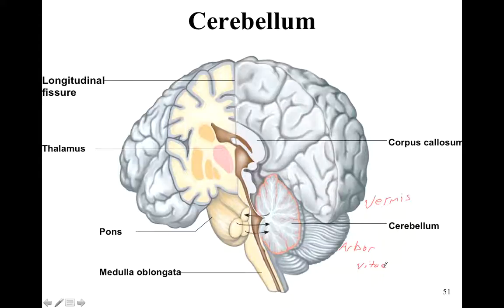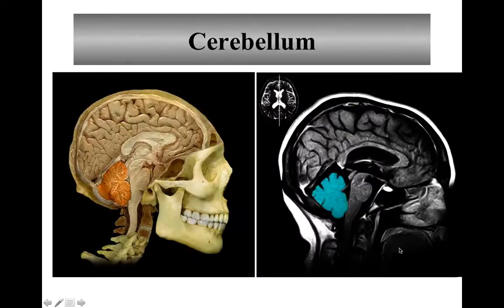Okay, and the big functions of the cerebellum are to integrate the sensory signals about where our body is, where our body parts are, where we are in space, and also helps to coordinate skeletal muscle activity. Without the cerebellum, we wouldn't be able to, say, type on a keyboard because we couldn't coordinate that. And other things like maintaining posture happen there. There's the cerebellum.